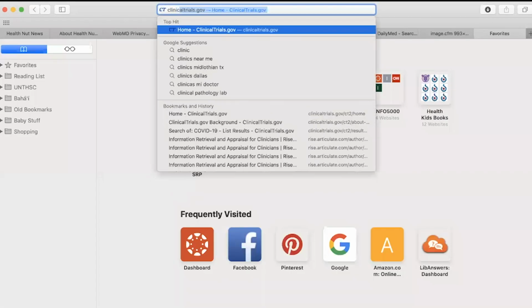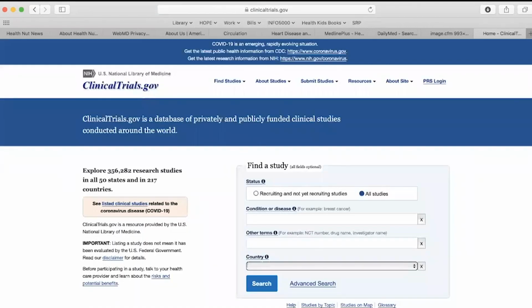We'll look at clinicaltrials.gov, another resource that is useful. Again, as I mentioned before, I was a breast cancer survivor, and initially I wasn't comfortable with the idea of chemo.